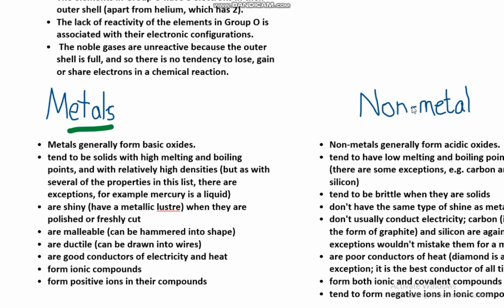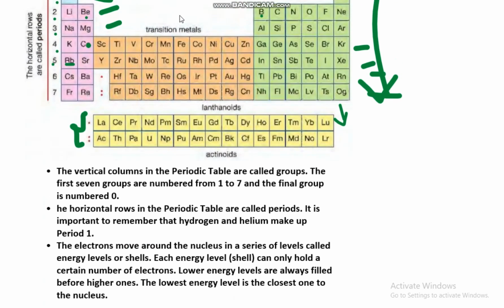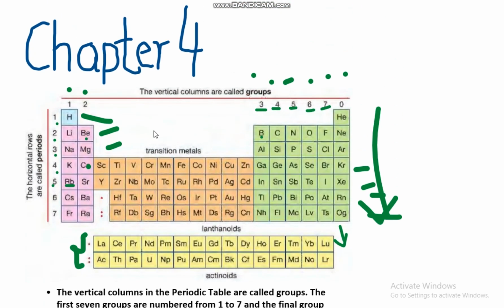Then we'll talk about the difference between metals and non-metals. So the metals in this group, the transition metals here, as we have seen, and then we have elements from this. You would draw like this, a stair. You can see this in the book also. So this is one example of all the metals and non-metals.